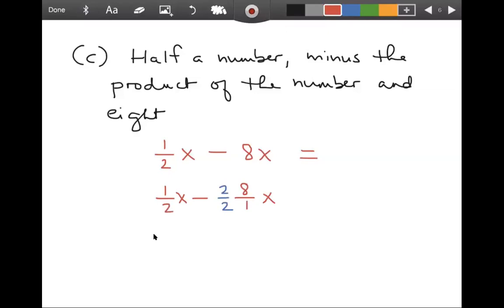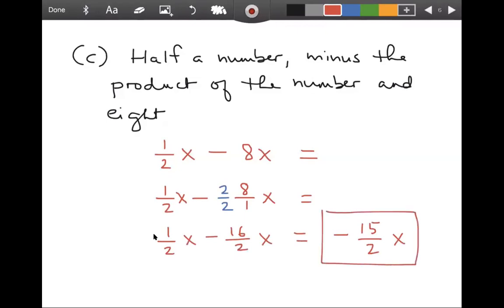All right, so now we have 1/2 x minus 16 over 2x. To combine those like terms, we will subtract the coefficients. 1/2 minus 16 over 2 is negative 15 over 2. And don't forget the x. And that is going to take care of section 2.1. We will see you next time.